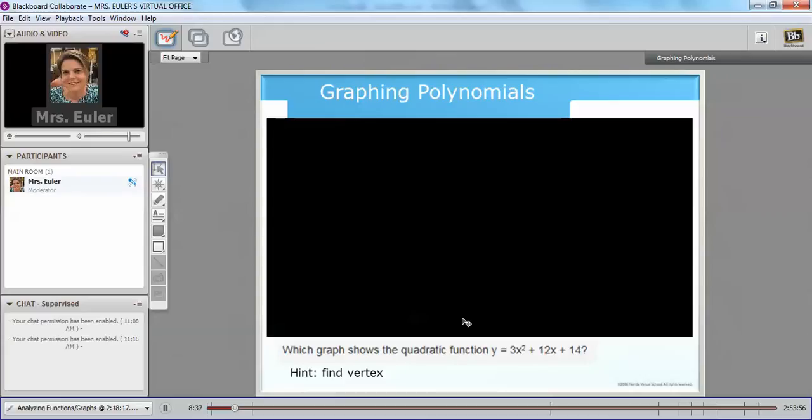So I have a little hint down here, but before we talk about that hint, let's talk about what the ends of this graph are going to look like. Again, remember, you're going to have 4 pictures of graphs that you're going to see. We want to try to eliminate any of the possibilities. And so when looking at this leading term, notice that the leading coefficient is positive.